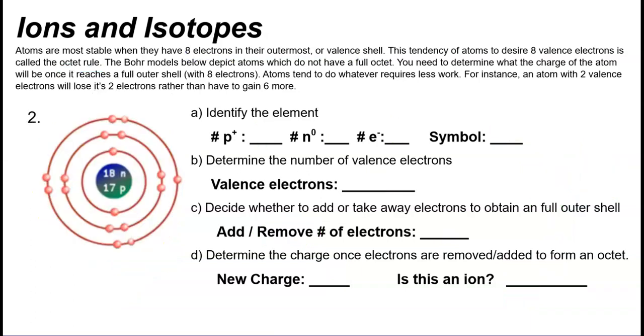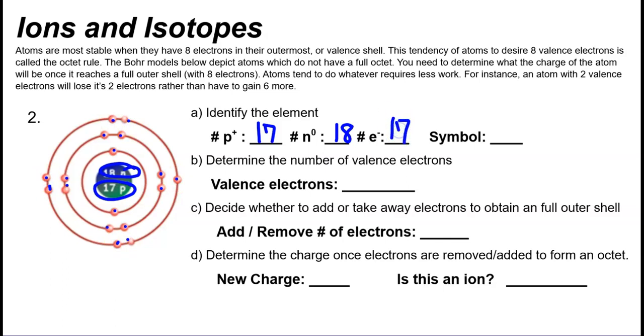Looking at number 7, we start by identifying our element. So our number of protons is going to be 17 protons. Our number of neutrons is 18. And we have to count our electrons. 1, 2, 3, 4, 5, 6, 7, 8, 9, 10, 11, 12, 13, 14, 15, 16, 17.